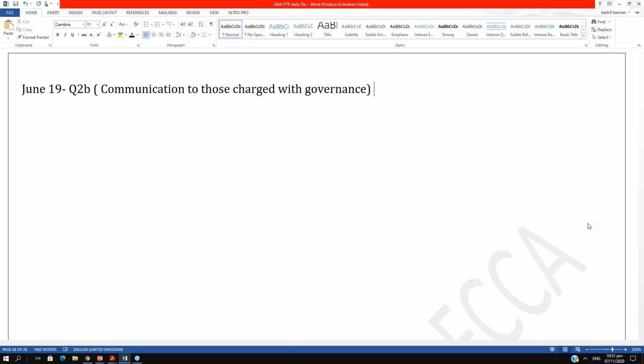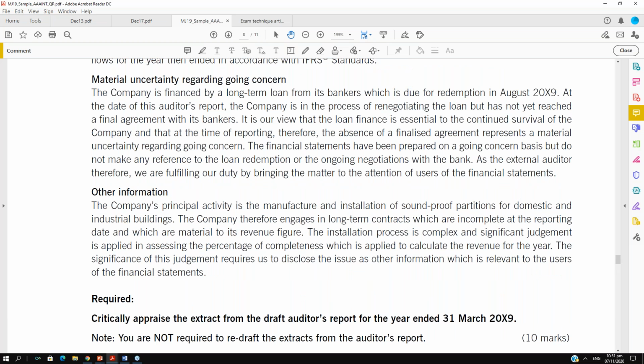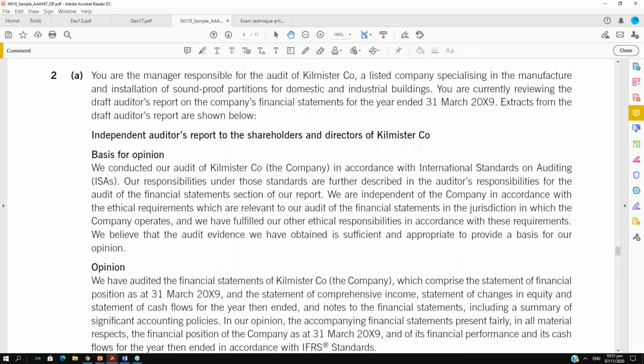Okay, June 19 paper, question number 2B, another question which looks potential. I hope on the screen in front of you, you can see the question number 2A from the June 19 exams.